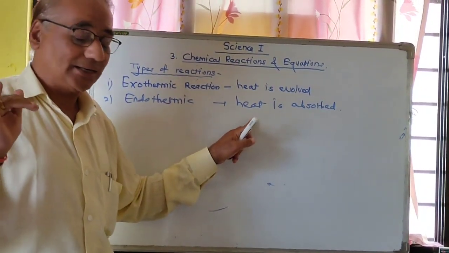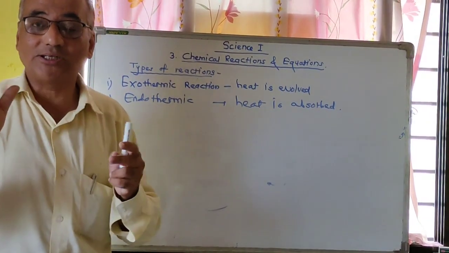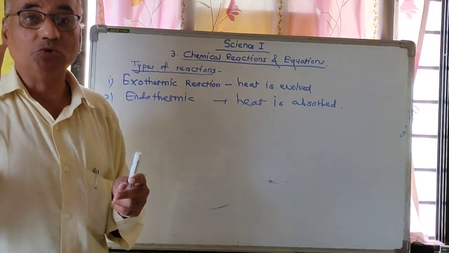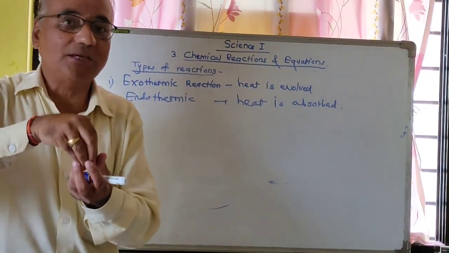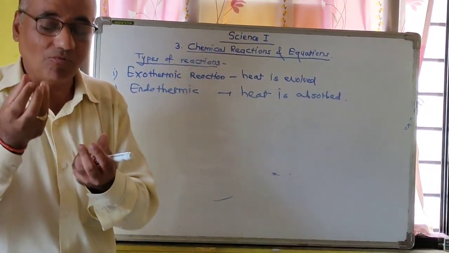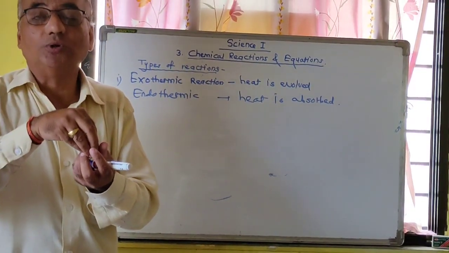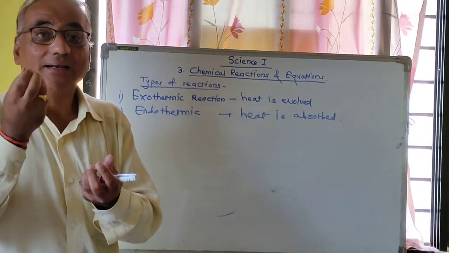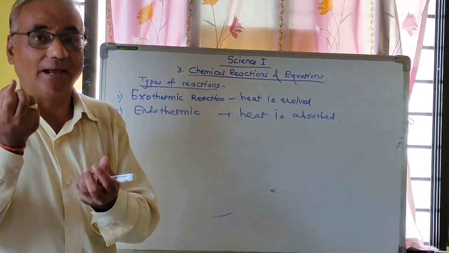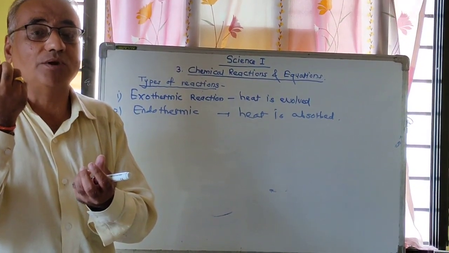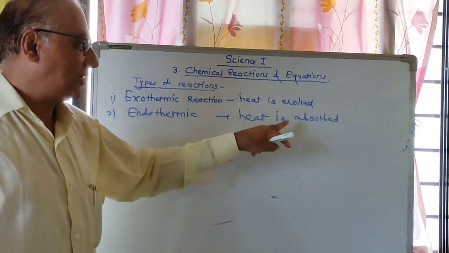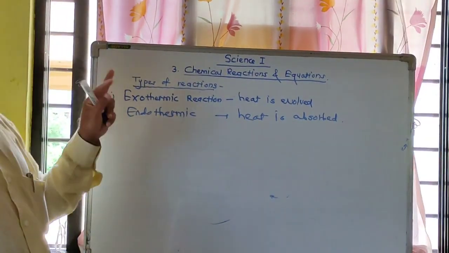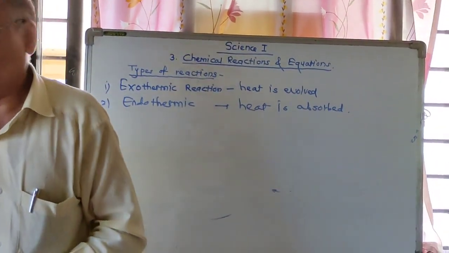How can this take place? Let us take some urea, which is used as a fertilizer for crops. When we mix this urea with water and touch the test tube, we find that the test tube becomes very cool. It means that in this reaction heat is absorbed, so it is called an endothermic reaction.